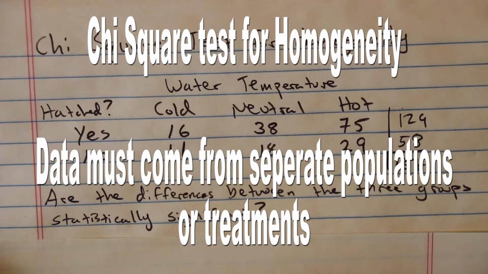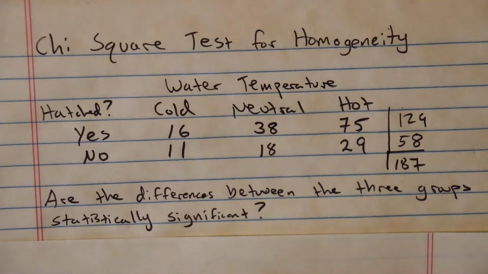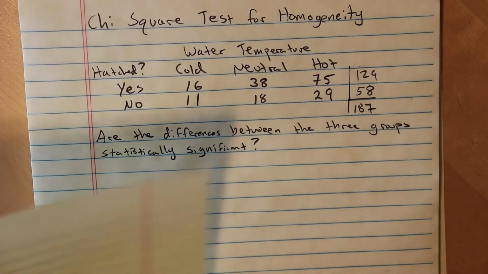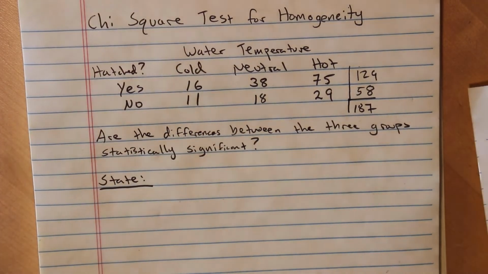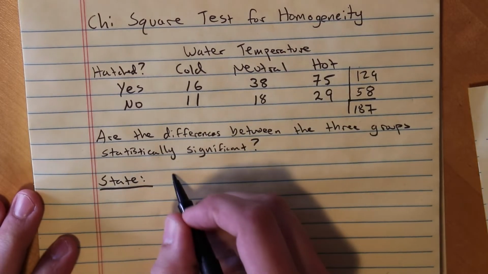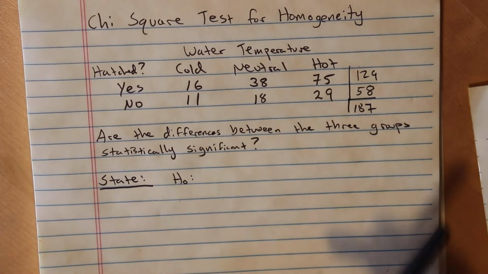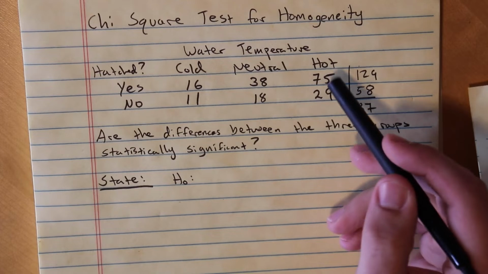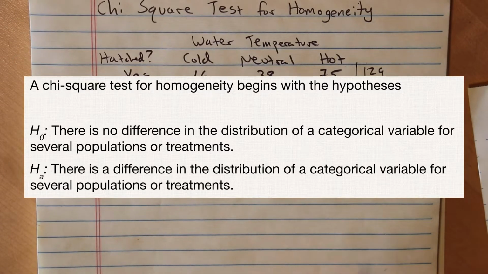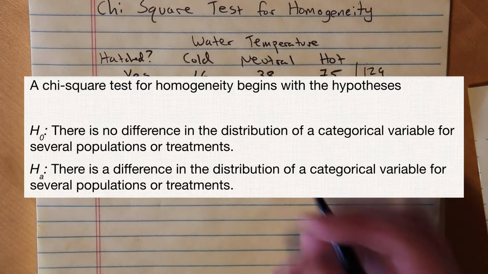So what we're going to do is we are going to set up our null and alternative hypothesis. We're going to go through the 4-step process here. So our state in a test for homogeneity, in any type of chi-squared test for homogeneity, the null hypothesis is that the distribution amongst the water temperatures are truly the same, versus the alternative is that the distribution of water temperatures affecting the hatched eggs is not the same, right?